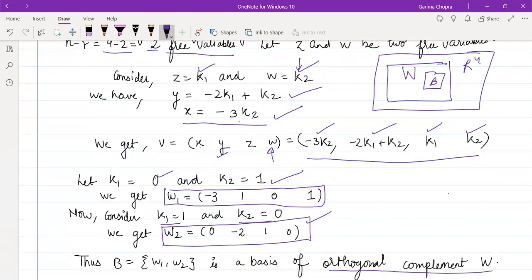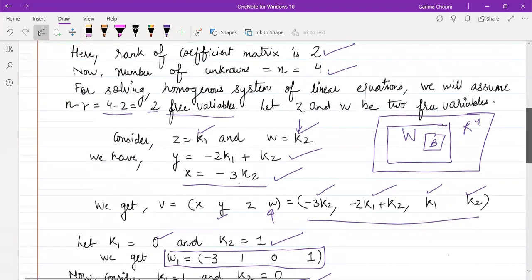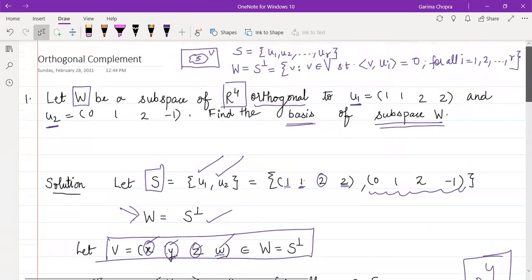So in this way, we can find the basis of the orthogonal complement here.